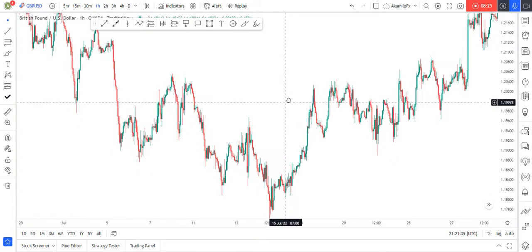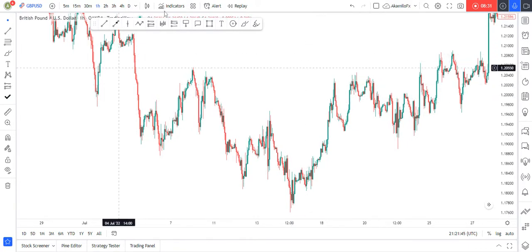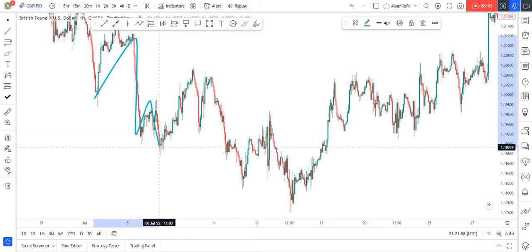Okay, so now we can see price giving us a down move. Price is giving us a down structure: lower highs, lower lows, lower high, lower low. Price breaks here, and price uses this leg as an inducement.